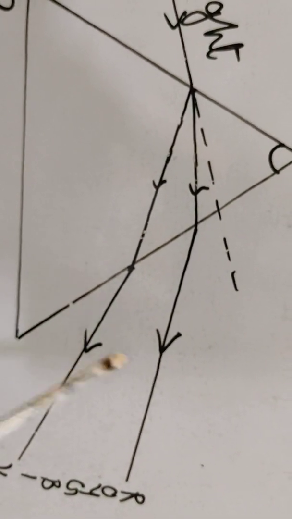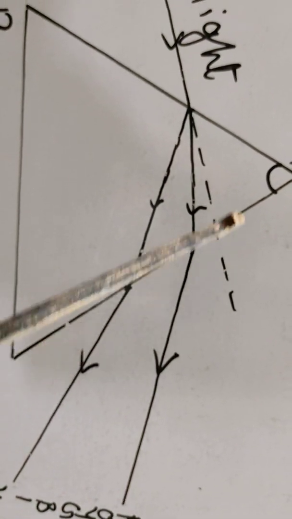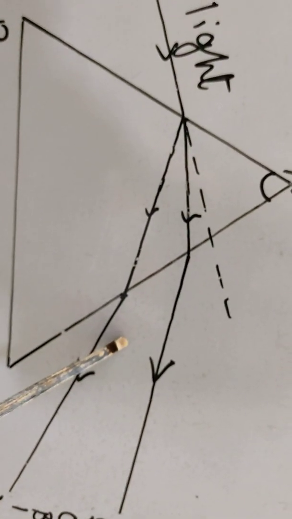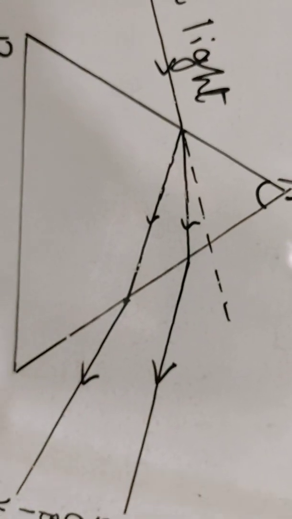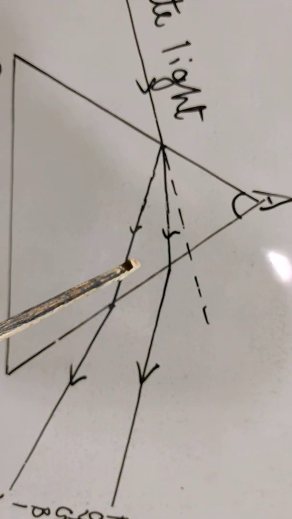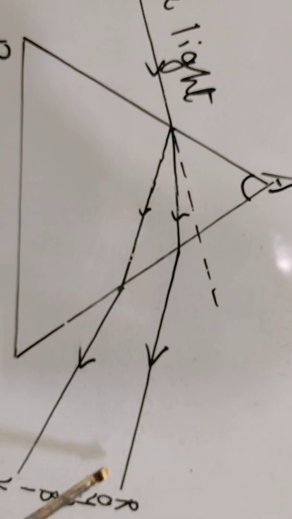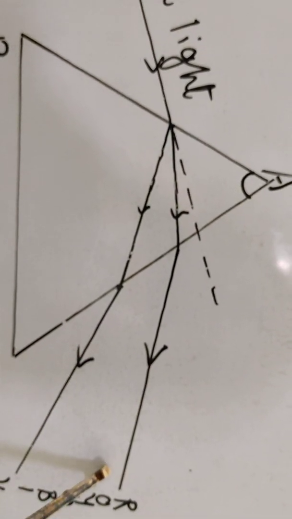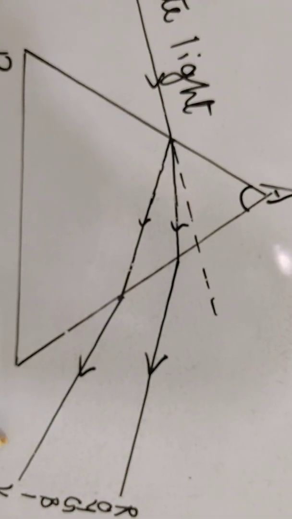So it is the angle by which the emergent ray is deviated from the incident ray. The question is, it is minimum for which color? We know that red color has bent the least. So the angle of deviation will be minimum for red color and it will be maximum for violet color.